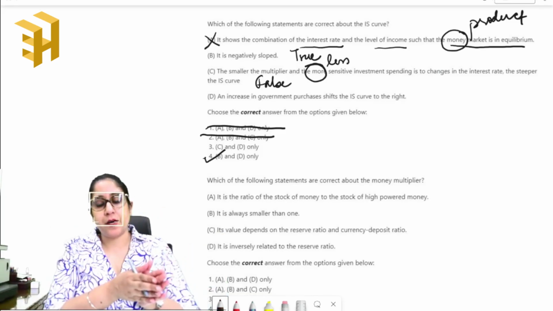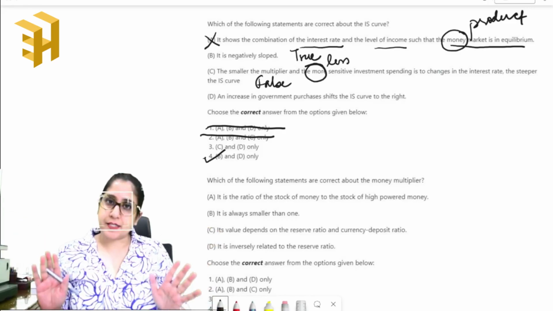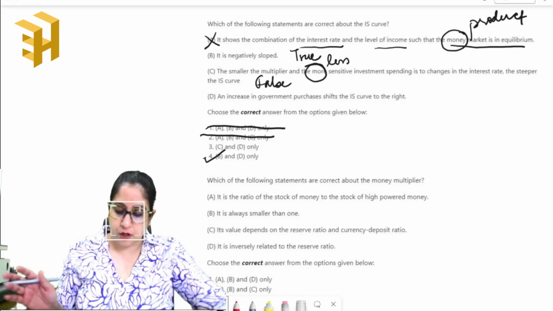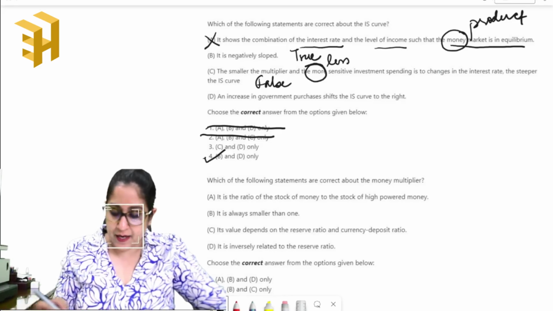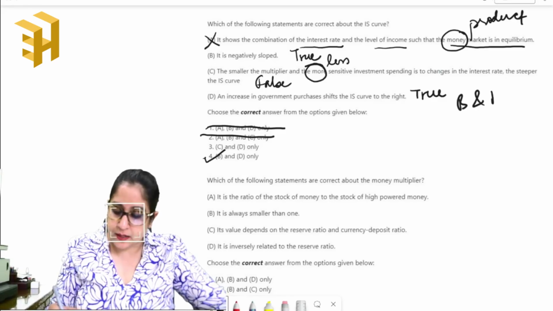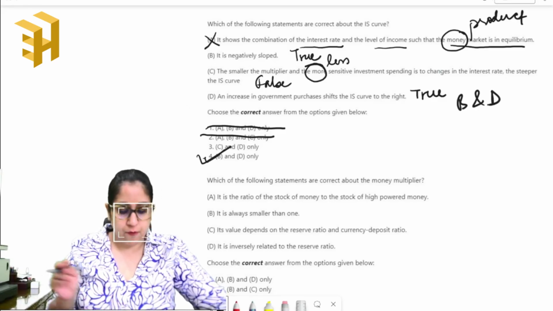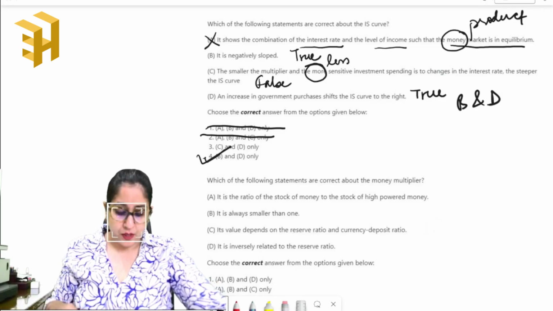The more the multiplier, the more sensitive investment spending, the flatter the IS curve. So C is false. An increase in government purchases shifts the IS curve to the right. This is true. So B and D, this brings us to 4 as the correct answer for us.